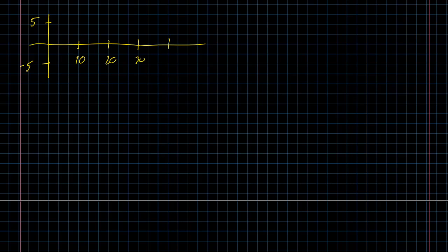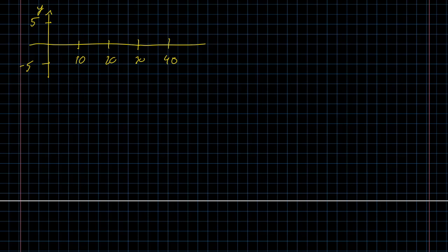We can also think about that in the other direction. So if I sketch out a graph that looks like this, I have positive 5 and negative 5 on the y-axis.